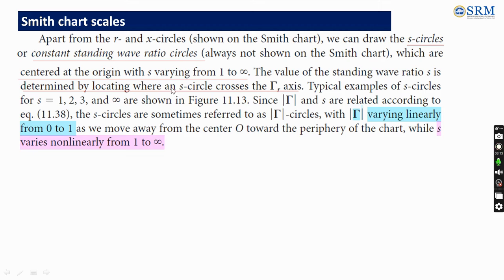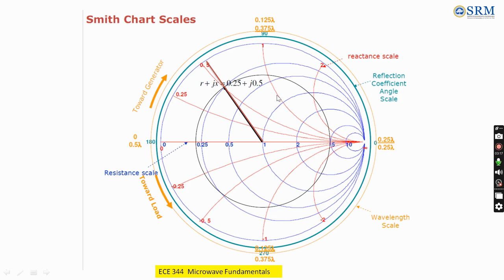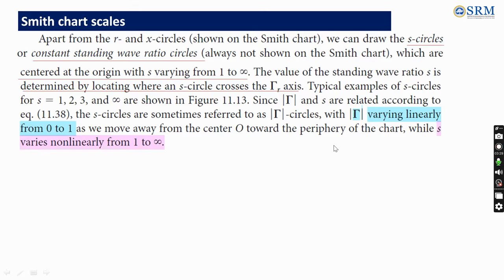It is where the S circle crosses the real part of the reflection coefficient axis. Here, the VSWR circle is crossing the axis at the value 5. So VSWR is 5 here.